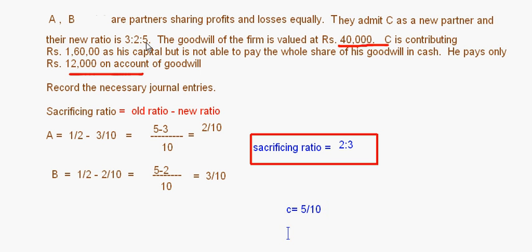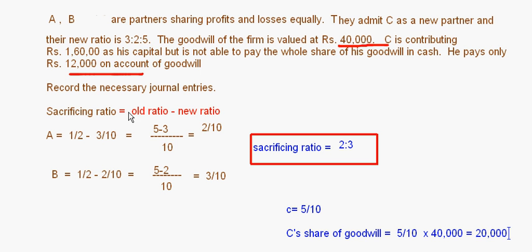So C's share of goodwill will be equal to 5/10 into 40,000, so that comes to 20,000.